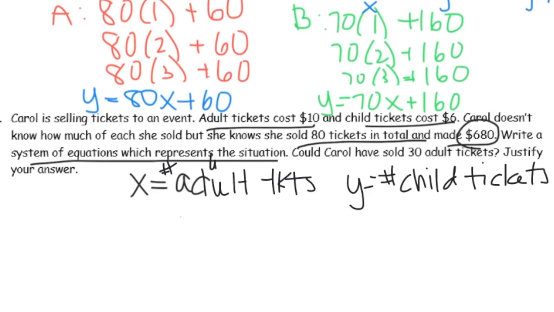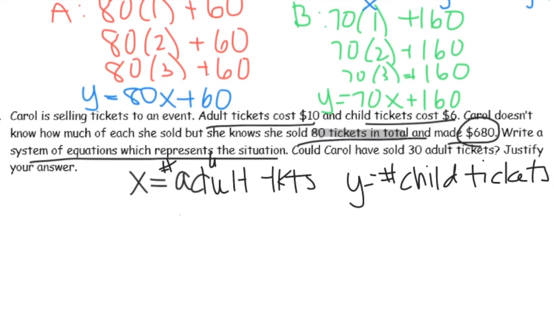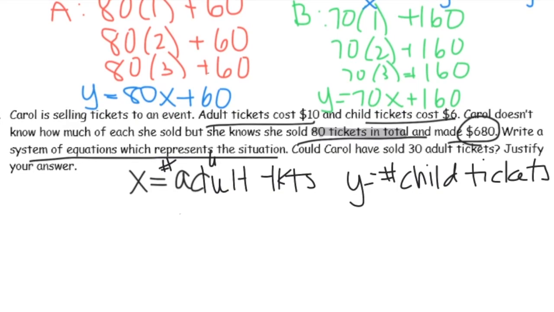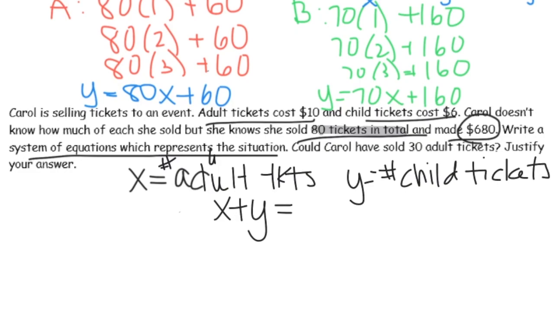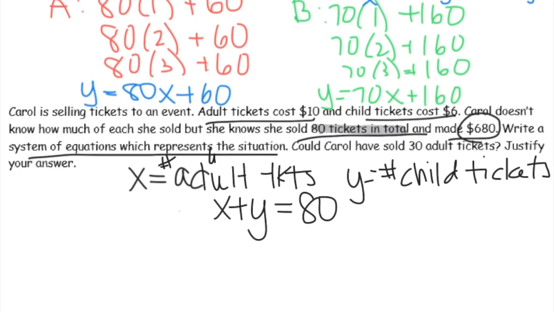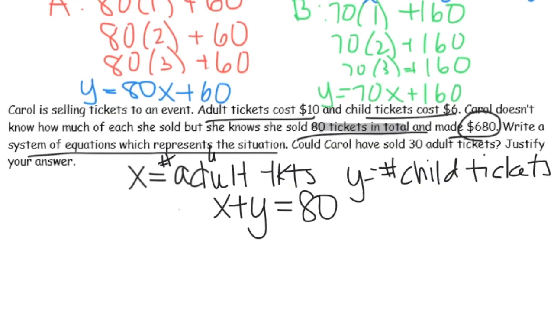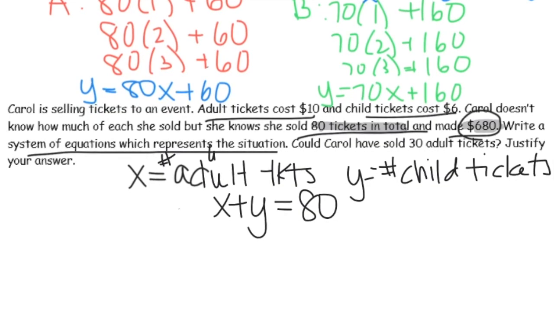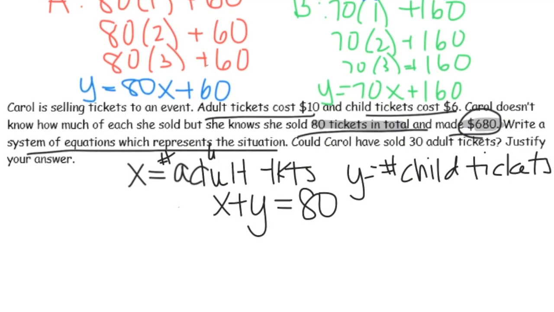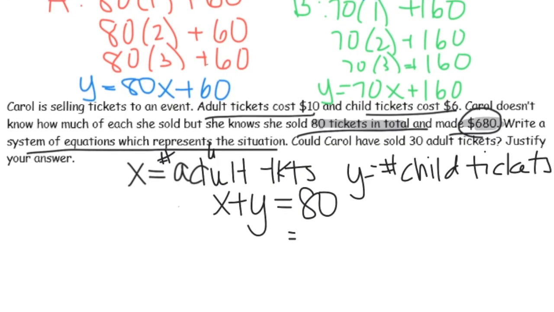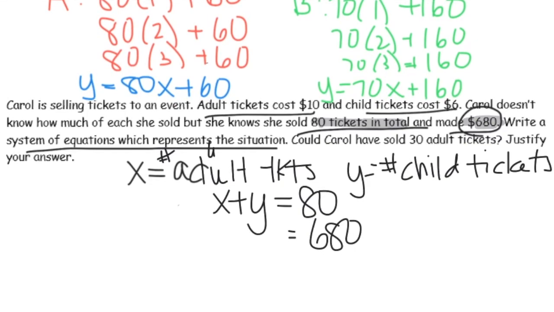We know that she sold 80 tickets in total. So that means a combination of your X and your Y, adult tickets and child tickets, should be 80 tickets in total. Now, I remember in class we said these numbers that I'm highlighting give you the answers to each of your equations. So you're literally just taking those 2 numbers and putting them at the other side of the equal sign like this. That's how we're setting it up.